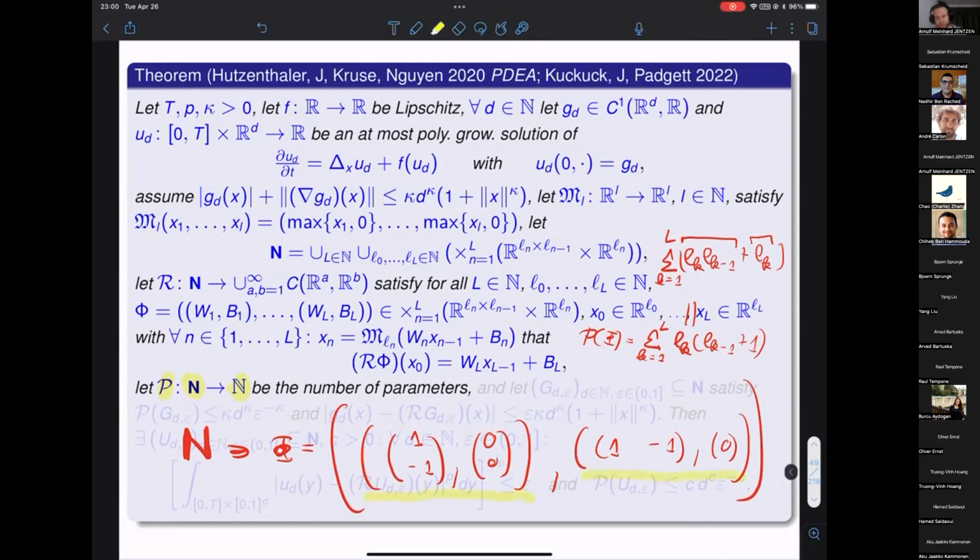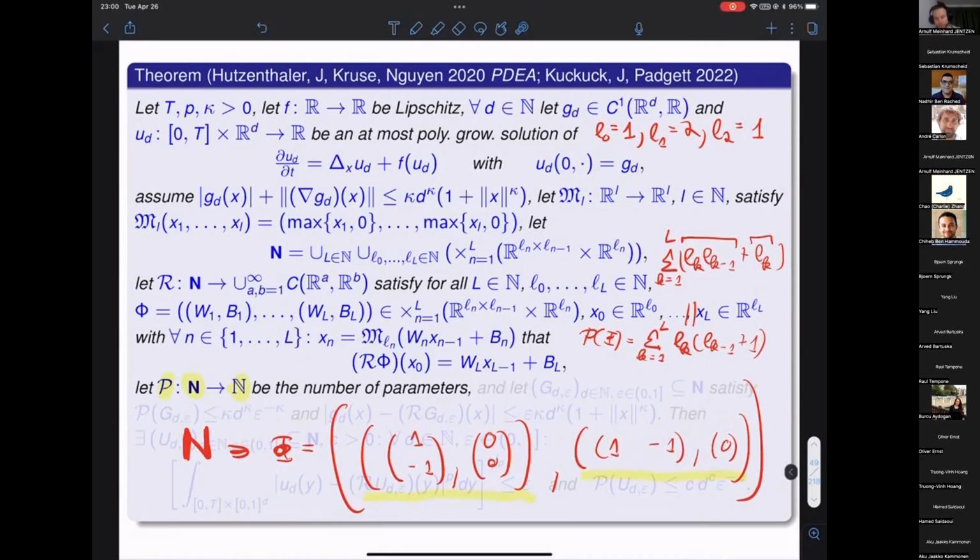In this example, we have L_0 equal to 1, because this is a 2 times 1 matrix, so we take a one-dimensional input. Then L_1 equal to 2, because the next is a 1 times 2 matrix. After the first affine transformation, we are in R^2, and then we apply the second affine linear transformation. So L_2 is just 1, because we take a vector in R^2 and multiply it with this matrix, so we get a real number.